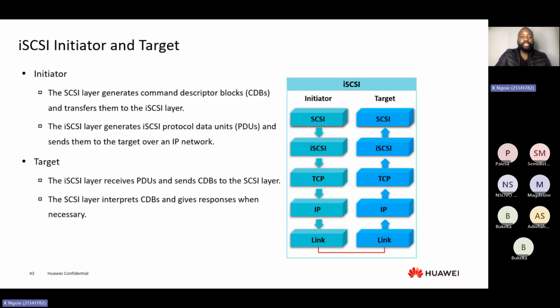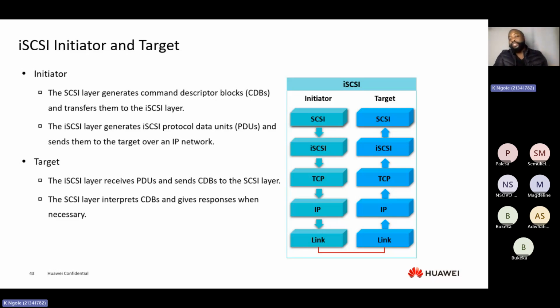The initiator will be the client, which sends all the input and output requests, whatever the computer needs to do over the network. For example, you want to ask the storage to read or write certain data. This is done by the initiator. And the target is the storage system that will respond to that request to perform that operation.